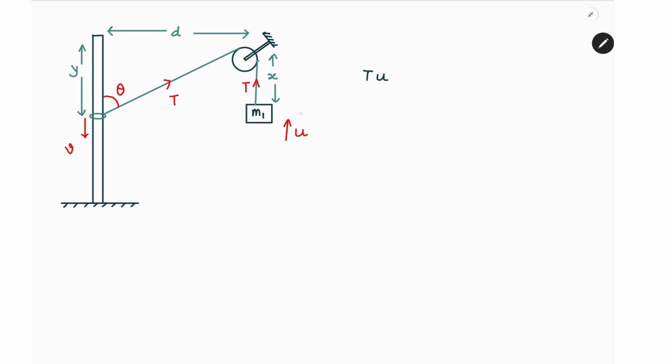So T times u in the forward direction, and T cos theta multiplied by v in the downward direction is negative, and this is equal to 0, since work done by internal force is 0. From here we can say v equals u upon cos theta. In terms of magnitude, we have established this relation in less than 1 minute.